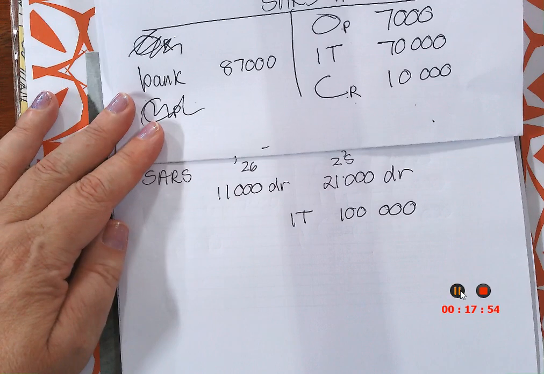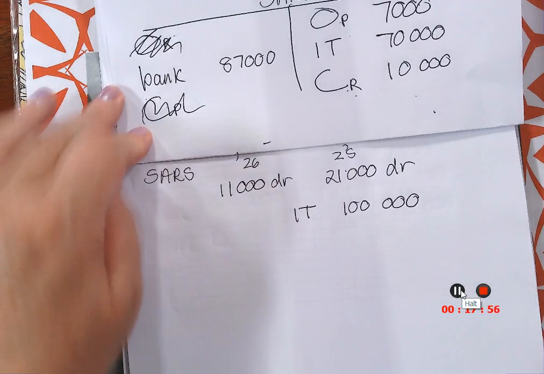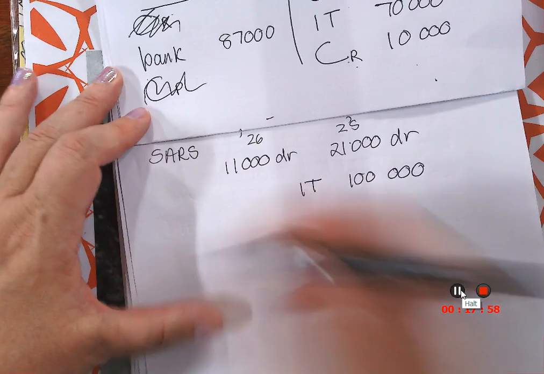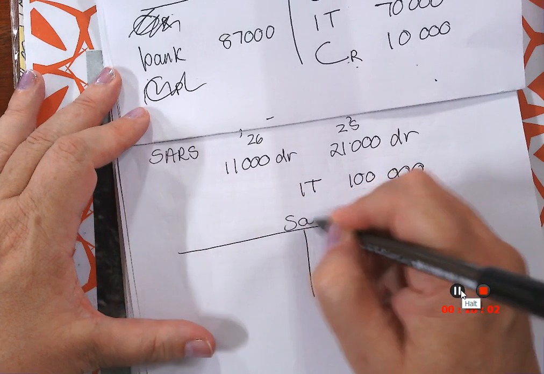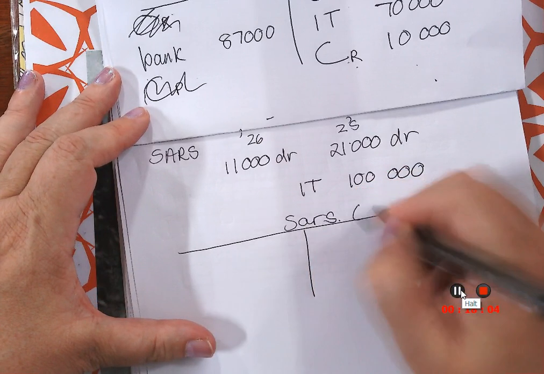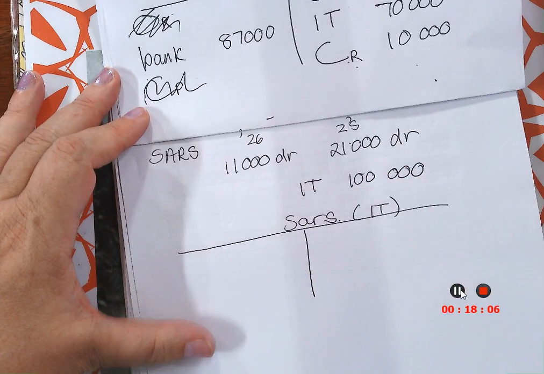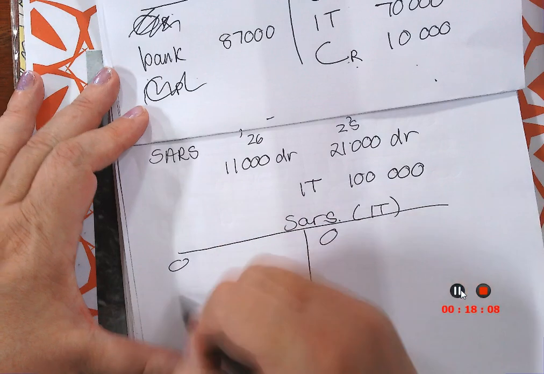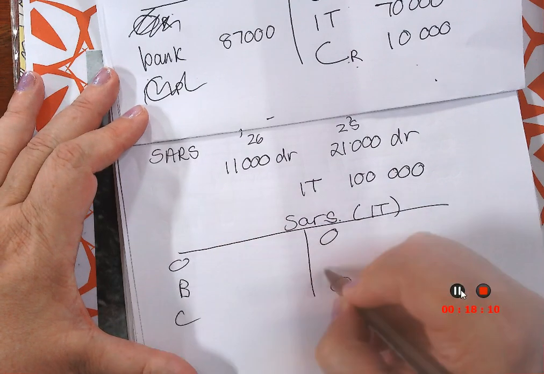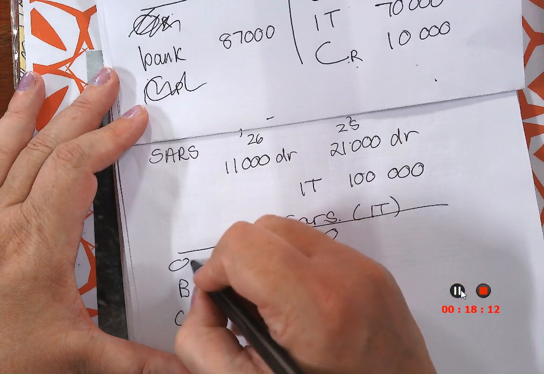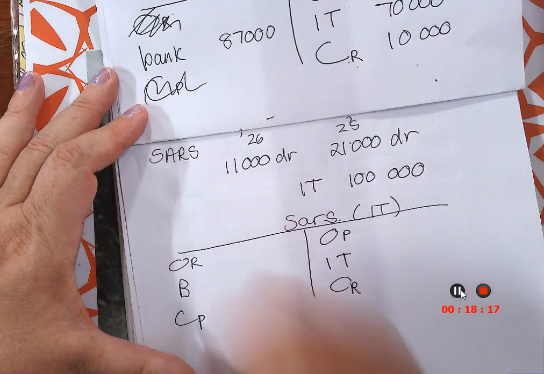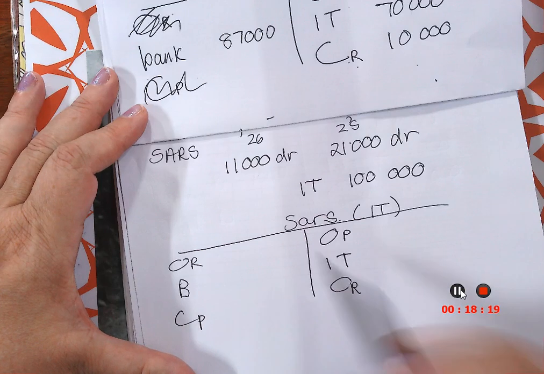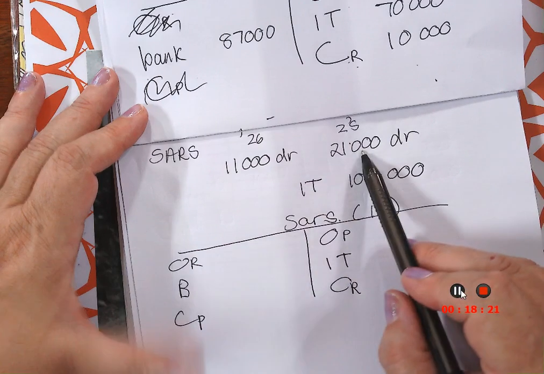So, let's see if you got it right. I'm going to do a T for SASH. Ne? Remember, this isn't income tax, it's SASH. So I've got an opening and a closing and a bank and an income tax. Receivable and payable, receivable and payable. Okay, now my opening is 21.